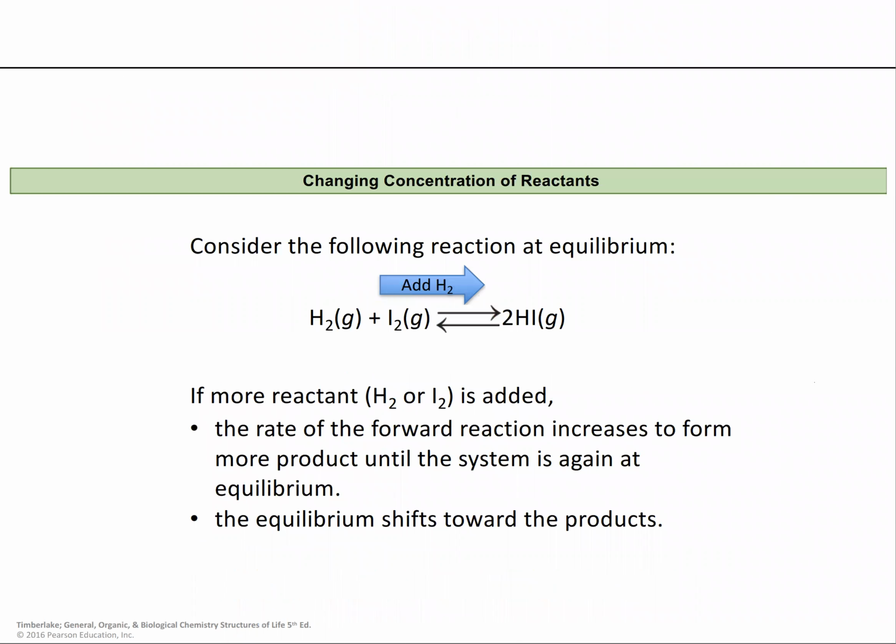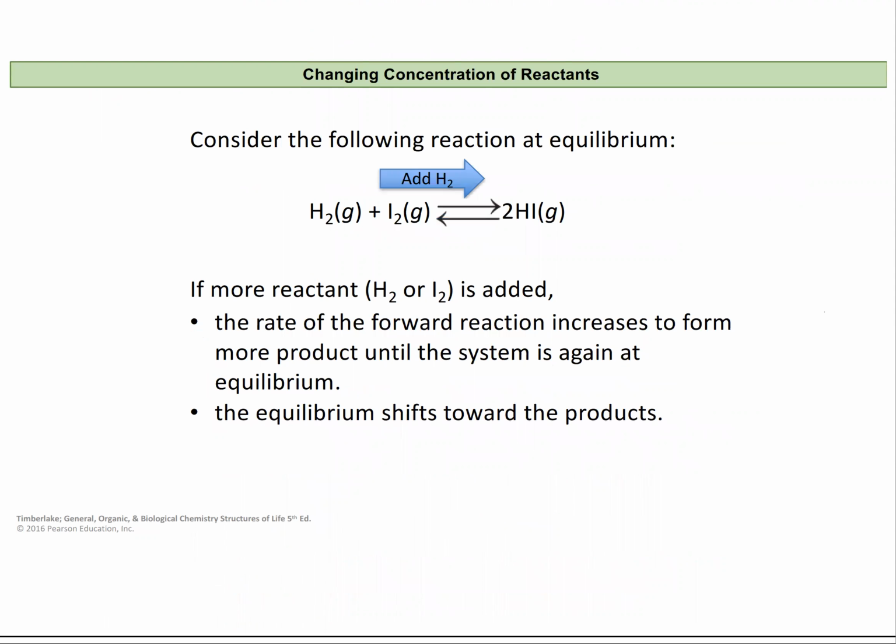So let's consider this reaction between hydrogen and iodine. Let's say it's at equilibrium. So I have the same amount of reactants and products. If I were to increase the amount of hydrogen by adding more once this is at equilibrium, I will now have a lot more of my reactants, right? I'll have increased my concentration of reactants. Remember, if my concentration goes up, the rate of my reaction goes up.